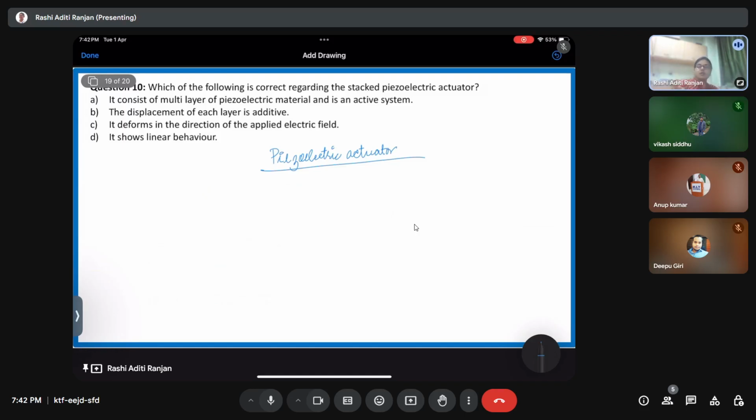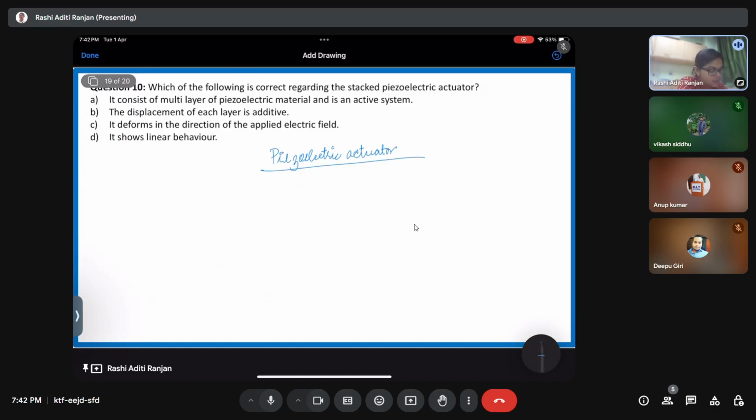Now, what is a piezoelectric material? Essentially, it is a material that, if we give some kind of a displacement to it, is going to develop charge around it.